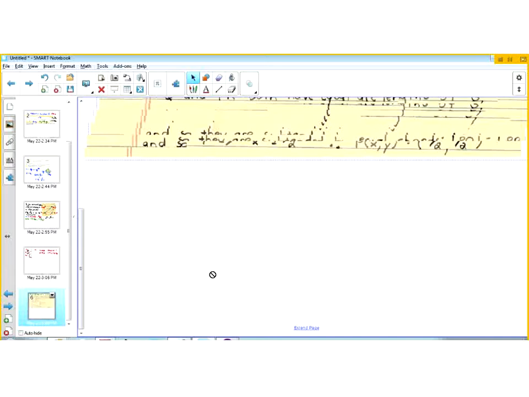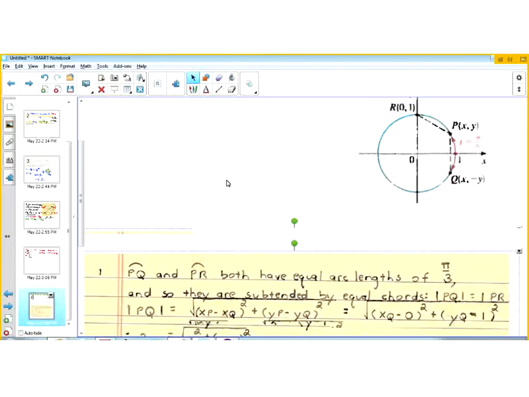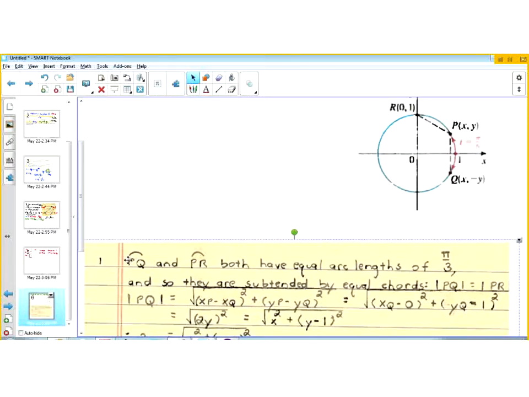Okay, so now let's look at the illustration and keep in mind the context of the illustration. This symbol right here with the curly line written above PQ stands for arc PQ. This piece of the circle right here is written in red as arc PQ.